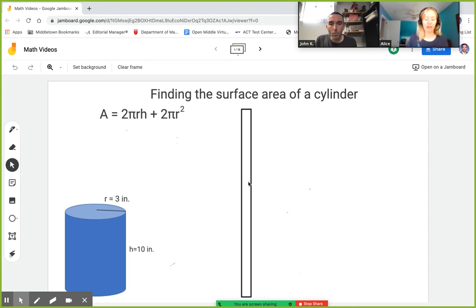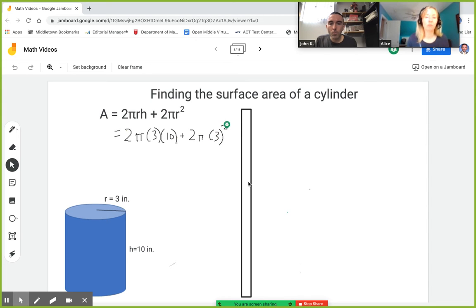So the way I plugged and chugged is I'd say, okay, I need to find the area. So it's 2 pi, and then the radius is given as 3 inches, and the height is 10. Then it's 2 pi, and the radius is 3, and this one's going to be squared.